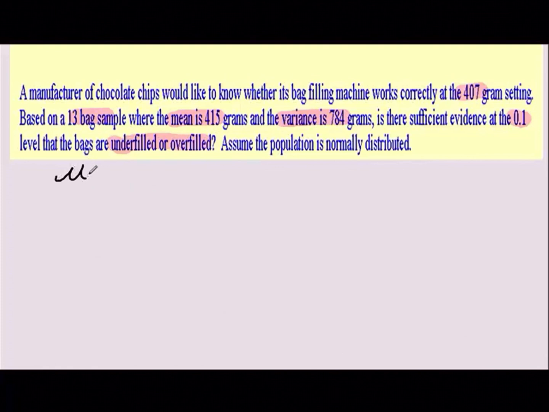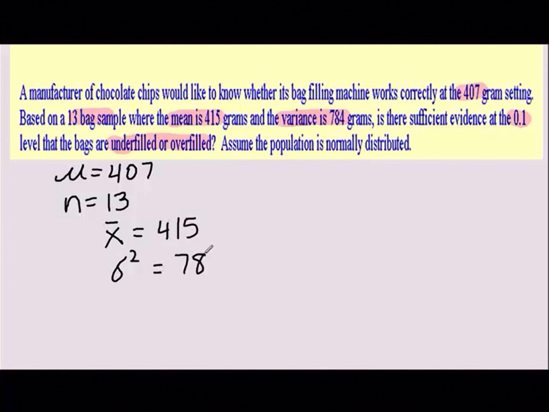Mu, what they want it to be, or say it should be, is 407. A 13 bag sample, that's N. Of that sample, X bar is 415. The variance is 784, but variance doesn't do us much good.